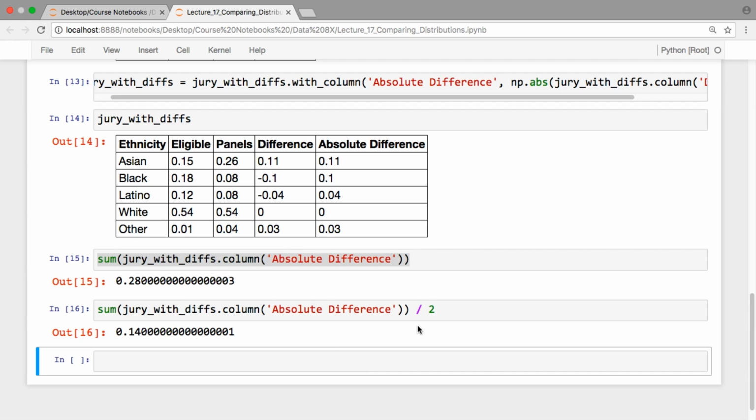This distance measures how far off the distribution of the eligible jurors is from the distribution of the panels. It has a name. It is called the total variation distance between the two distributions.